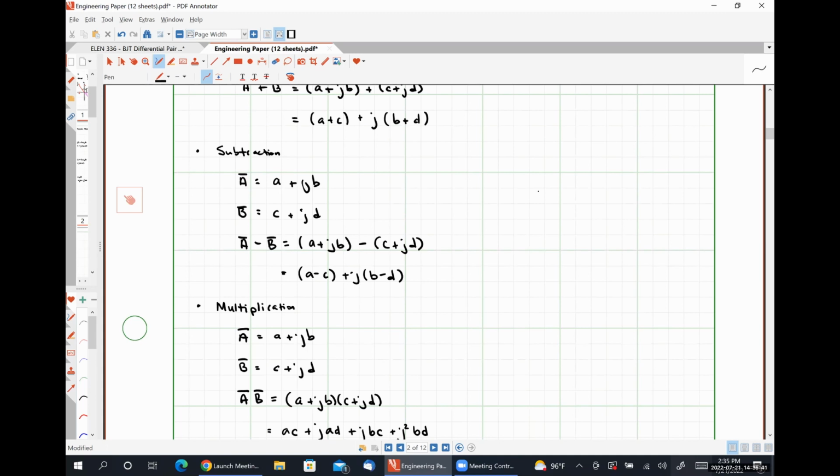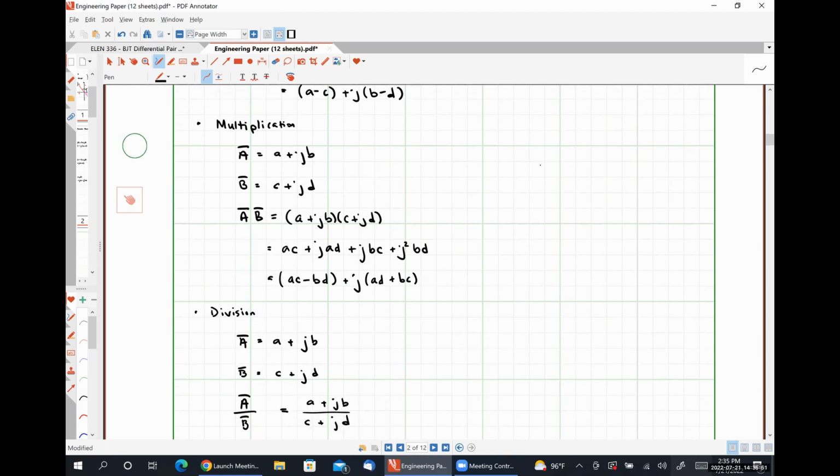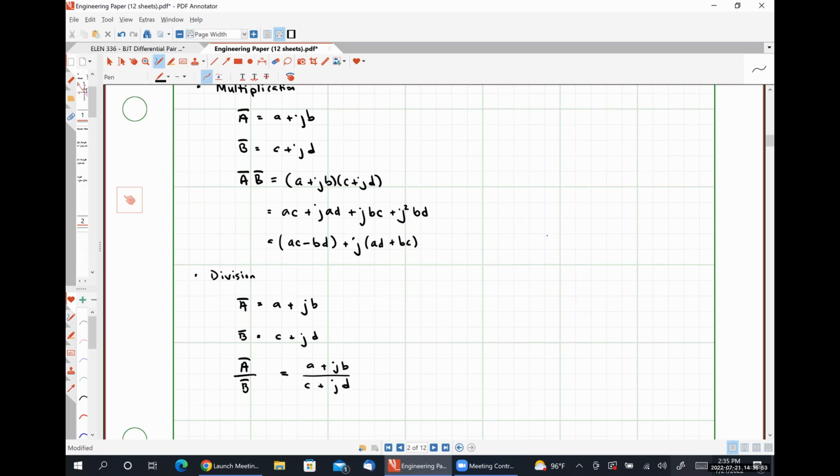We had a real part and an imaginary part. When we multiplied two rectangular form complex numbers, we got back a rectangular form complex number. So I am expecting for us to get back a rectangular form complex number, and we're not getting that right now. We're getting a ratio of rectangular form complex numbers, which is not the same thing.